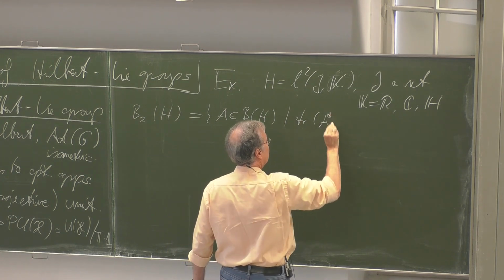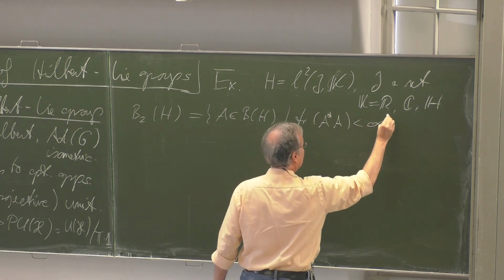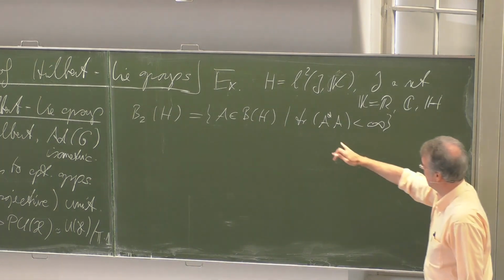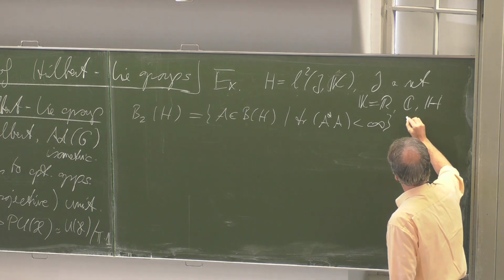And you find a trace, and those operators for which the trace is finite for A star A, these are the Hilbert Schmidt operators.